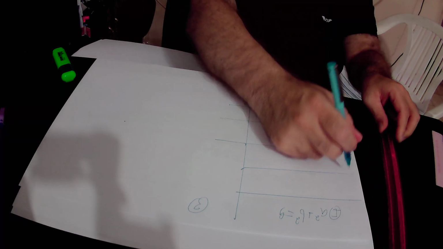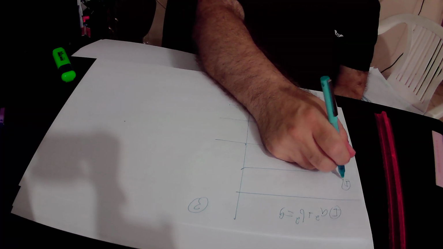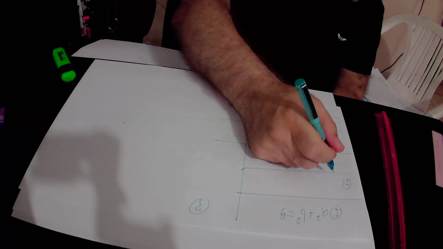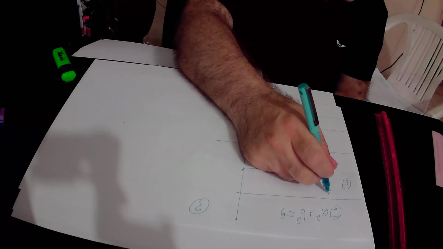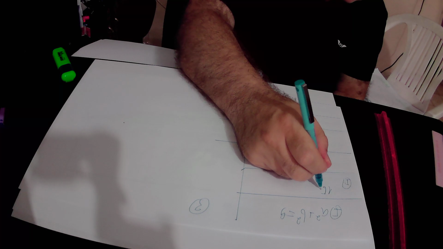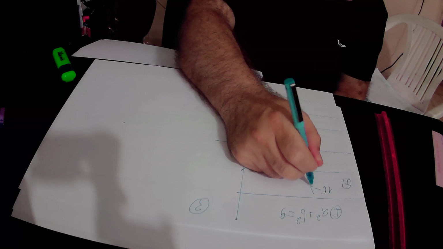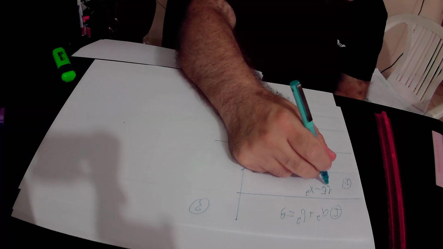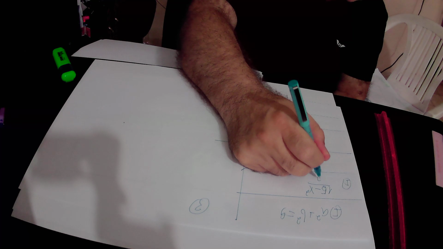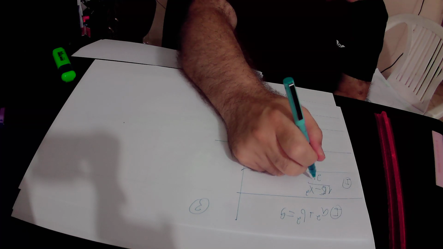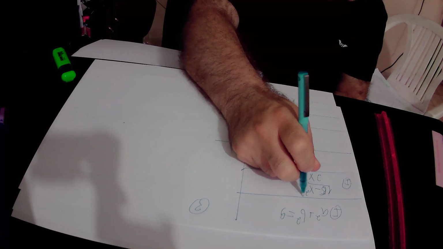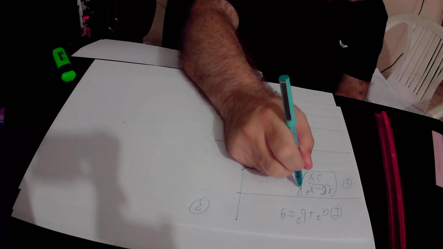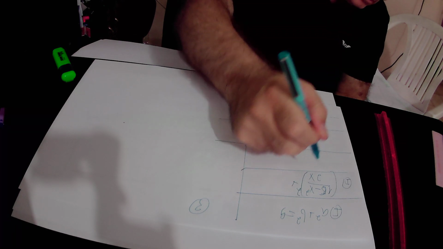We have already found out that A equals (16 minus X squared) over 2X. So if we square this expression, we get A squared, of course, plus B squared.